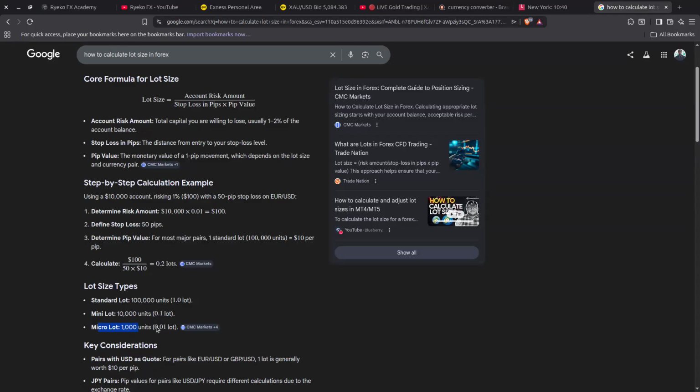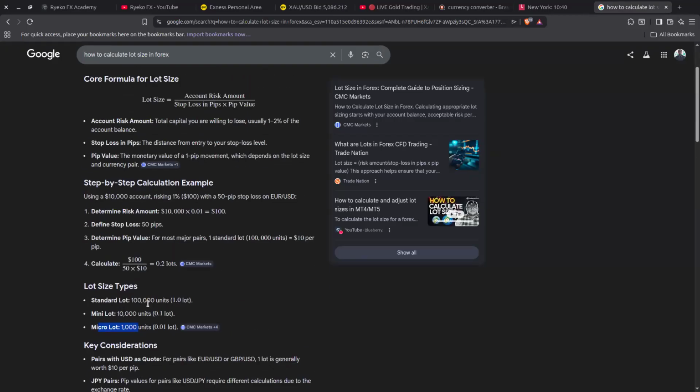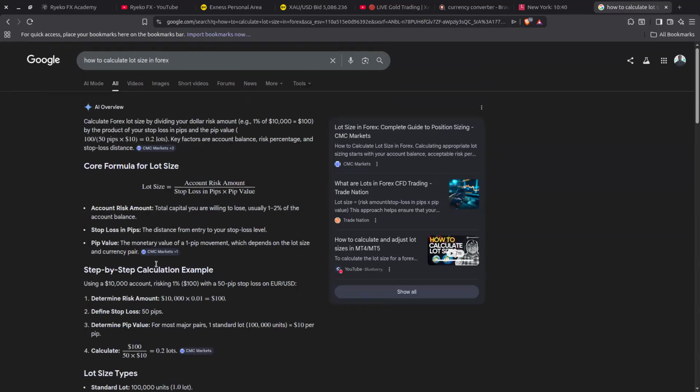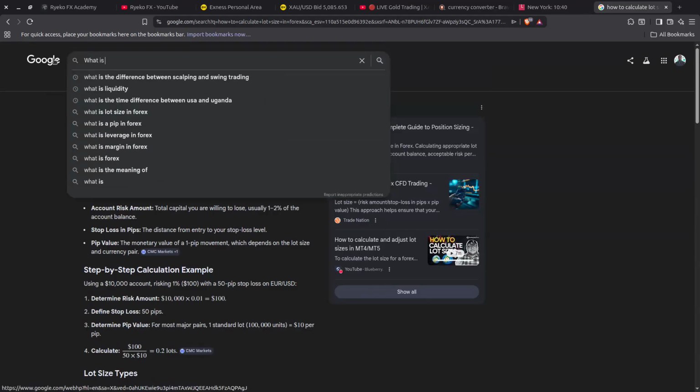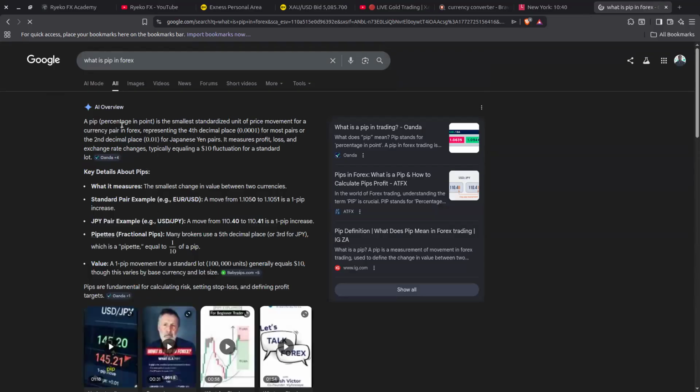In most cases, with something like 100, that's okay, but you don't make all that much money. And what is a pip in Forex? A pip is basically a percentage in points.